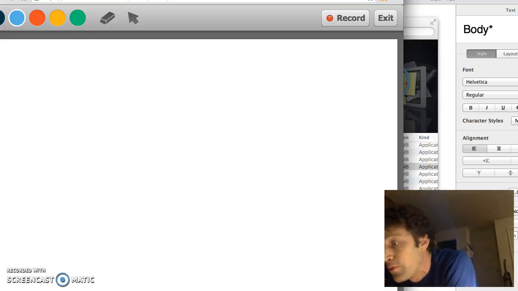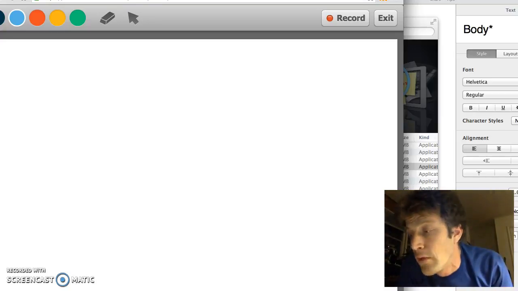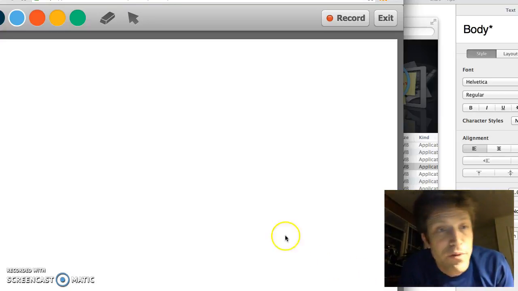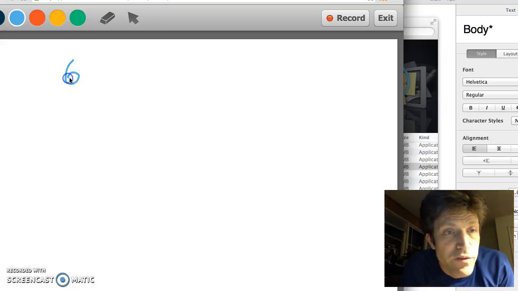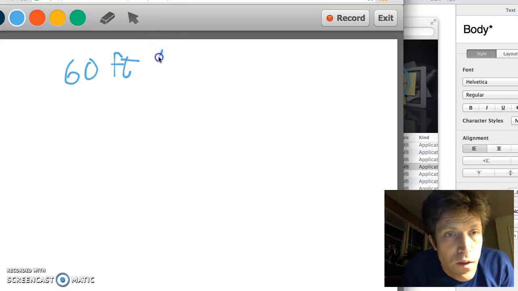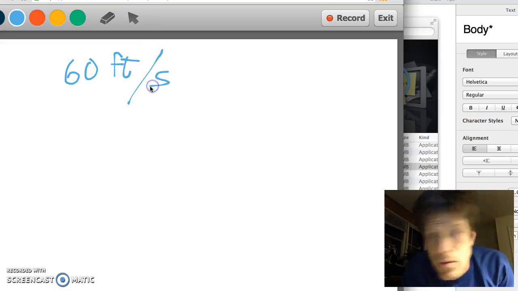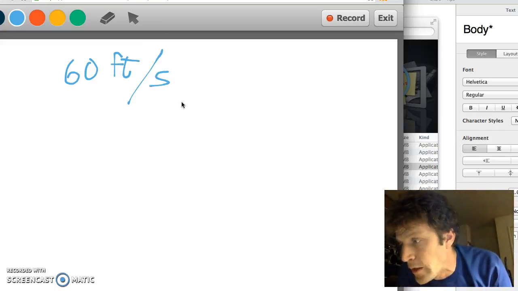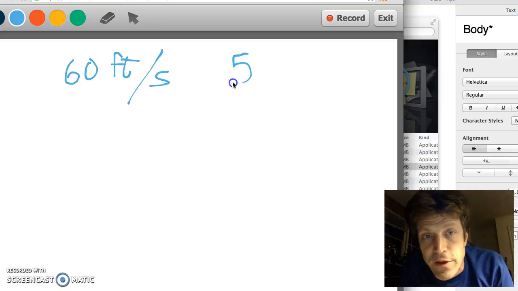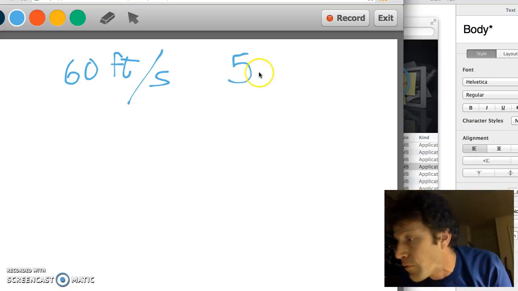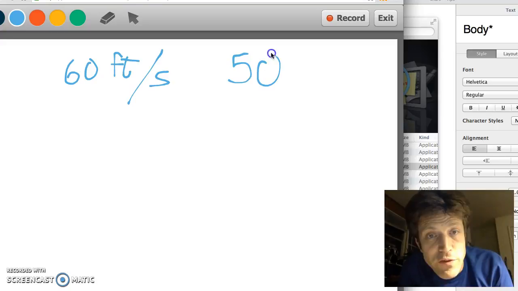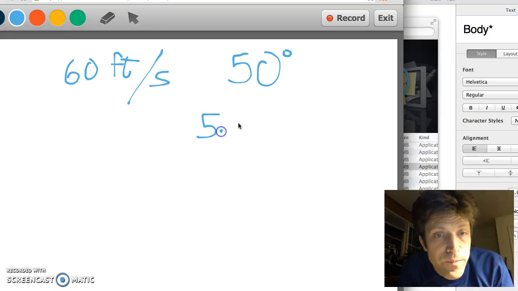So, for example, at a softball throwing contest, you throw a softball with the speed of 60 feet per second. This is number 10 on page 816. You throw it at an angle of 50 degrees, that's your angle of elevation, so it's throwing 50 degrees up in the air. And your initial height is 5.5 feet.